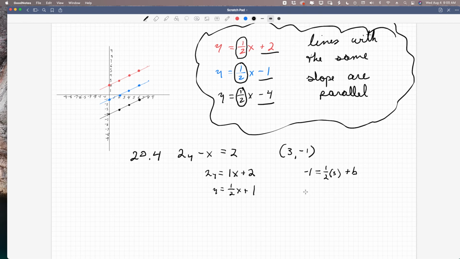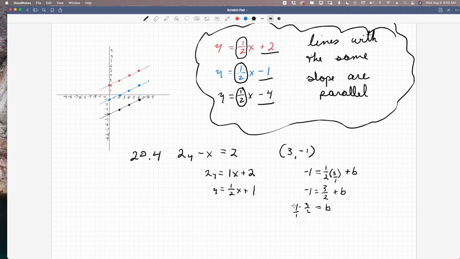So let's solve. Negative 1 equals, I'm going to put this over 1 to make it a fraction. That's going to be 3 over 2 plus b. Okay, now we move this over and we say negative 1 minus 3 over 2 equals b. So we make that a fraction.